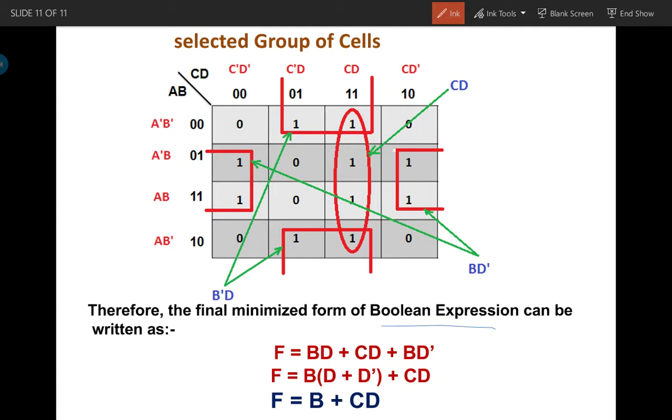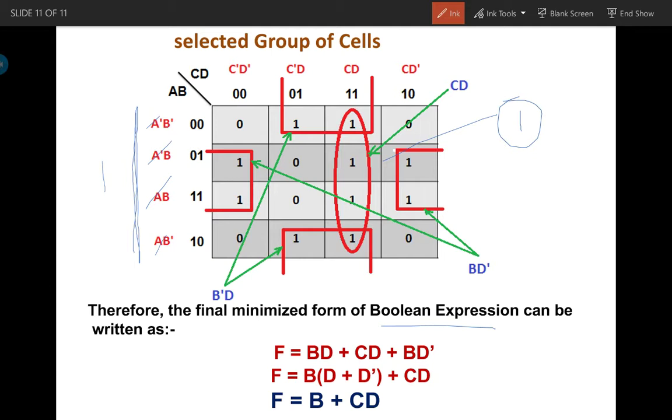Now for group number 1, this oval shaped group, what you will see on the horizontal side is that it covers all the cells. So if a group covers all the cells on either side, that means all the variables cancel out. So ultimately what remains is 1. That is a general rule.